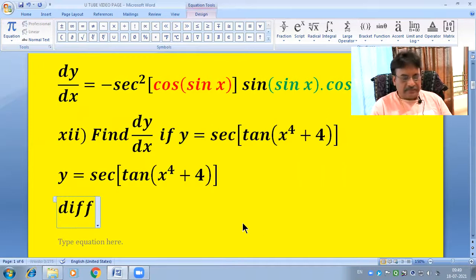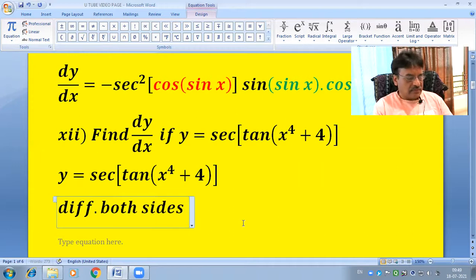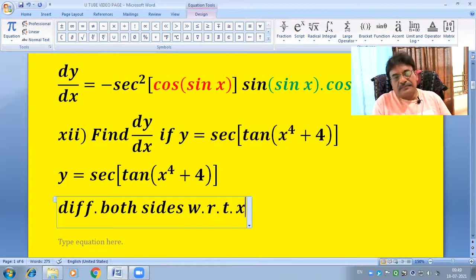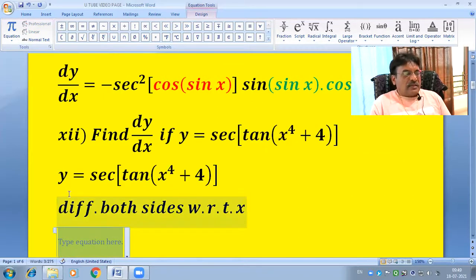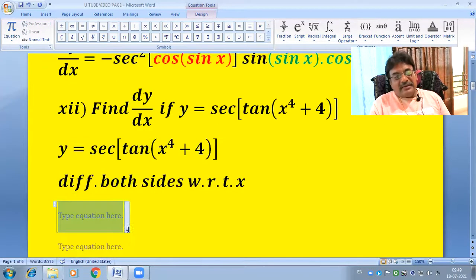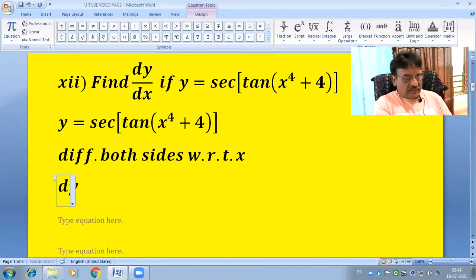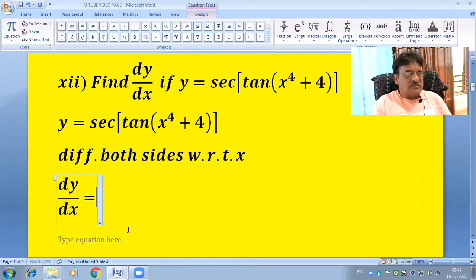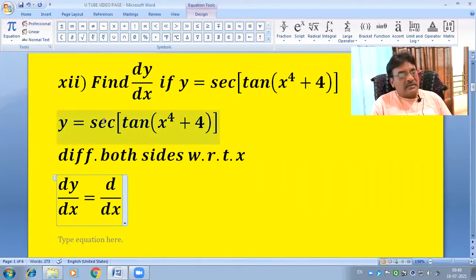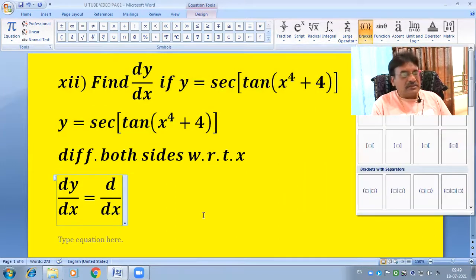So differentiate both sides with respect to x. Then d/dx of y is dy by dx. So dy by dx equals d/dx of sec of tan of x to the power 4 plus 4.